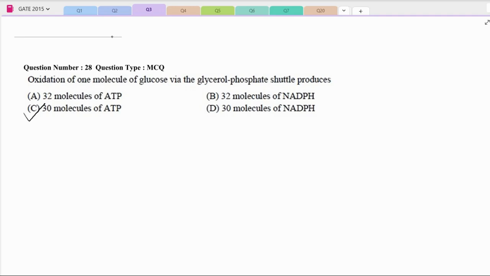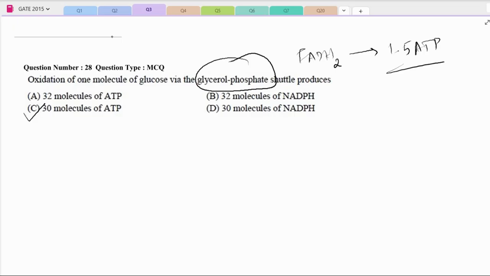If you look at the different energy metabolites produced upon complete oxidation of one molecule of glucose via the glycerol phosphate shuttle, you need to take into account glycolysis, then the pyruvate dehydrogenase complex reaction, then the Krebs cycle, and then oxidative phosphorylation, wherein the glycerol 3-phosphate shuttle ultimately results in the entry of NADH into the mitochondria via FADH2, which results in the production of 1.5 ATP per FADH2 molecule.